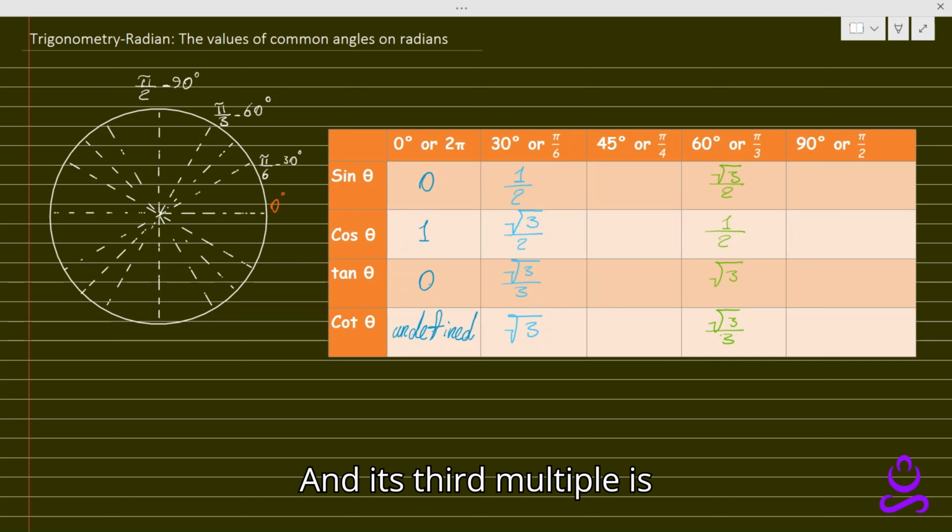And its third multiple is 3 times pi over 6, which equals pi over 2 or 90 degrees.